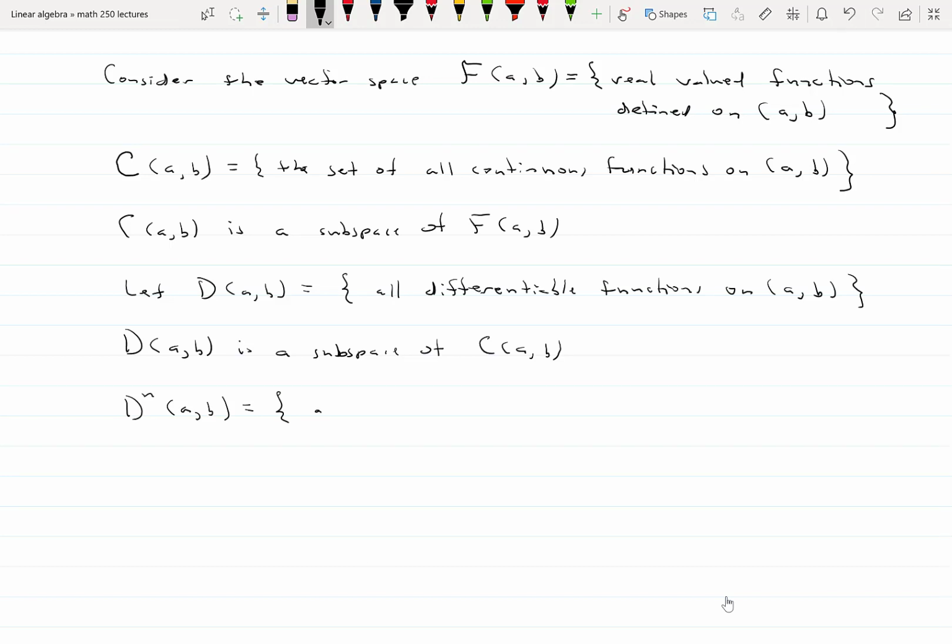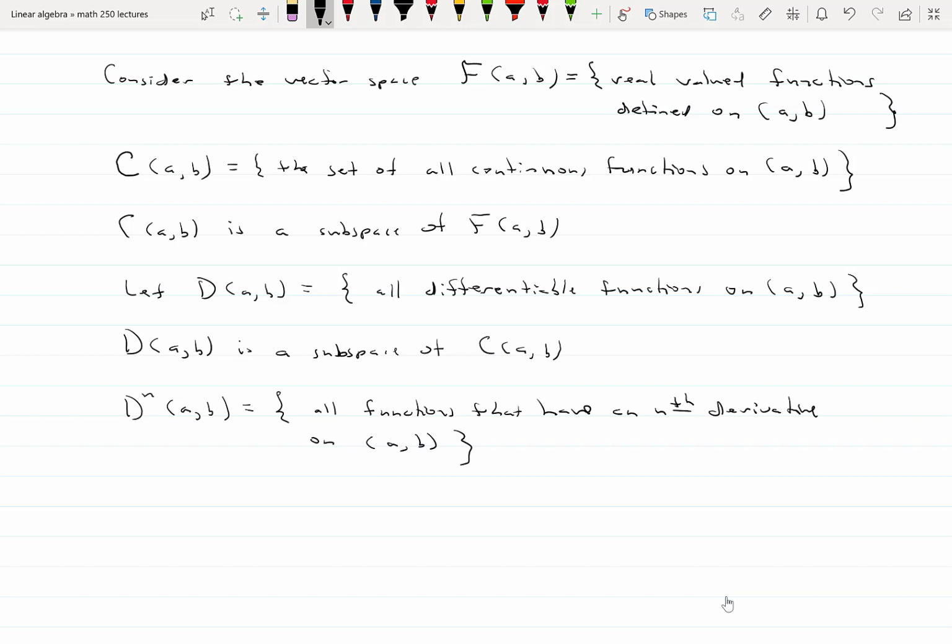This is the set of all functions that have an nth derivative on the interval AB.